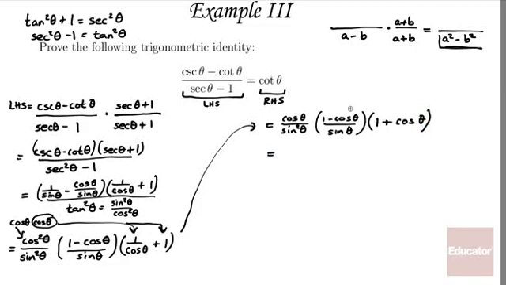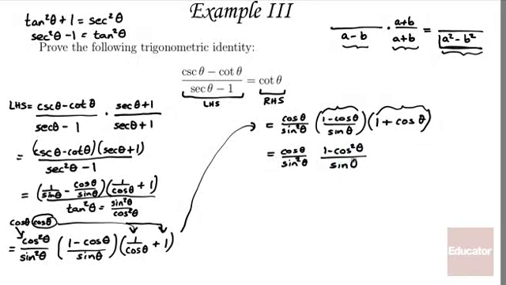And now look, we have 1 minus cosine theta times 1 plus cosine theta. So we're going to use this pattern again: a minus b times a plus b is a squared minus b squared. So I have cosine theta over sine squared theta. Now, multiplying 1 minus cosine times 1 plus cosine gives us 1 minus cosine squared theta, and sine theta in the denominator.